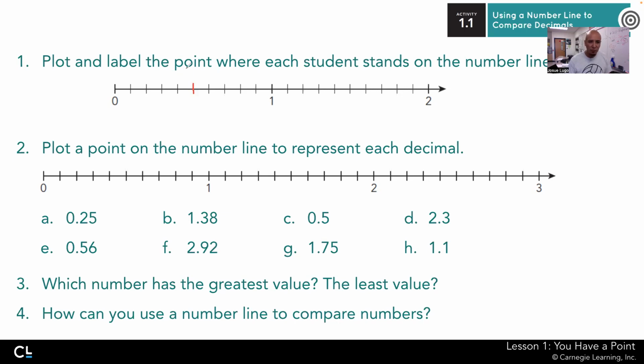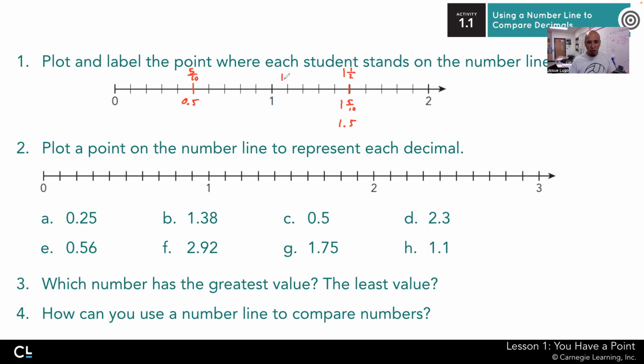This would be 1/2, which would be 5 out of 10, or 5/10. 1 and 1/2, 1, 2, 3, 4, 5 would be right here. So that's 1 whole and 1/2. Or you can even say 1 whole and 5/10, or 1.5. Those are 3 different ways of saying the exact same thing.